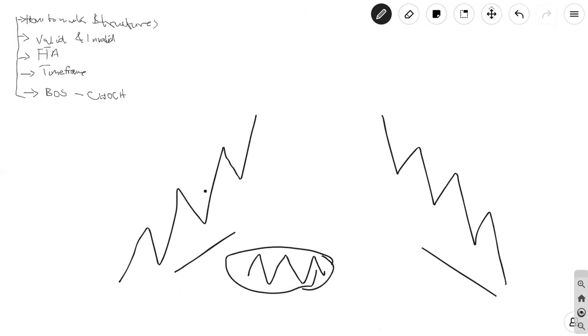Now, marking the break of structure, we mark this here as a break of structure, this here, and this here. Same applies in the downtrend. This here is a break of structure, this here, and this here.